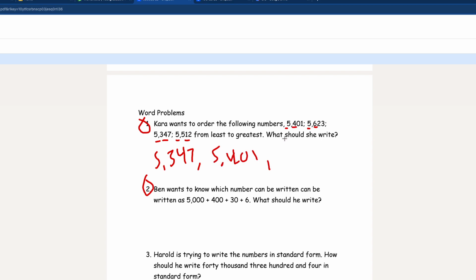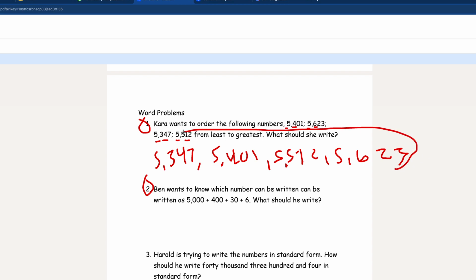It's going to be the next number. 5,512 is going to be the next answer. Lastly, 5,623. So this should be your answer: 5,347, 5,401, 5,512, and 5,623 is least to greatest.